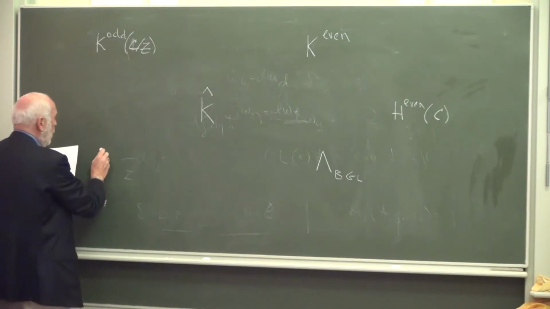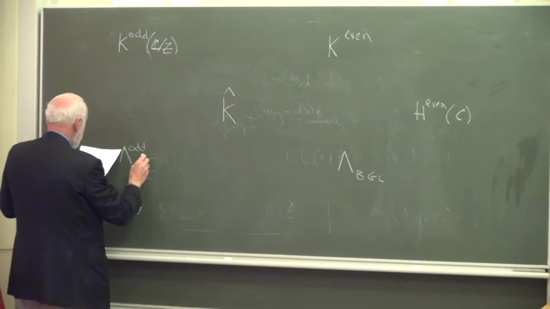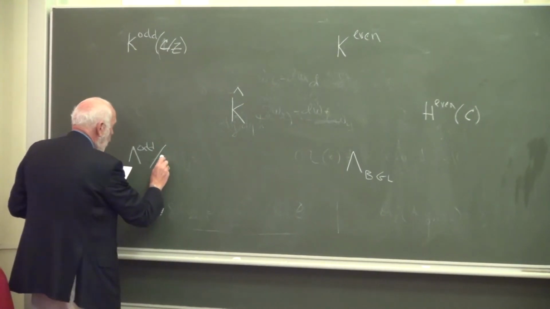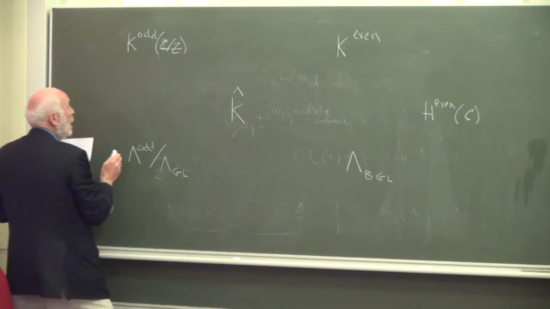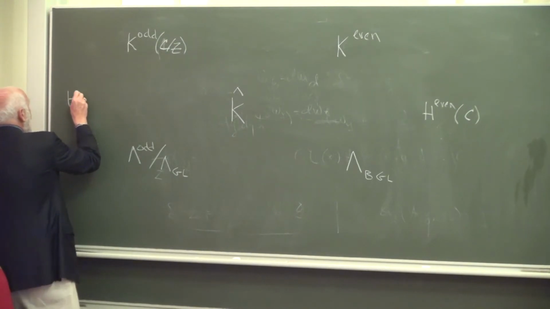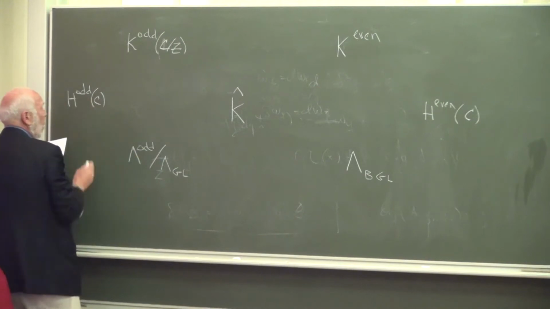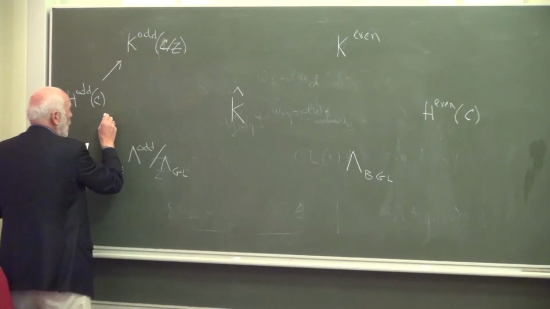And here I'll put wedge odd modulo wedge GL. And finally over here, I'll put H odd with complex coefficients. And then we'll put a lot of arrows.